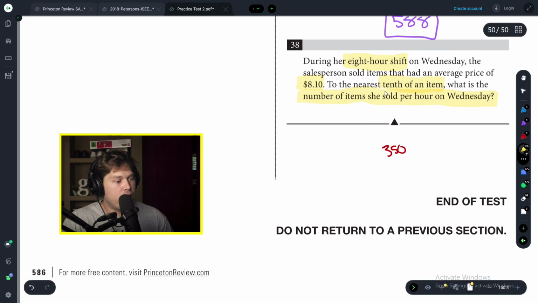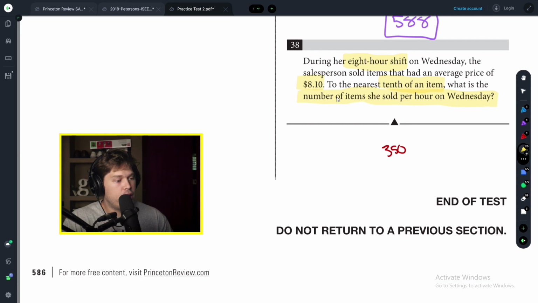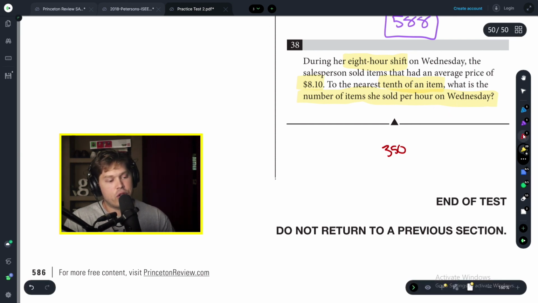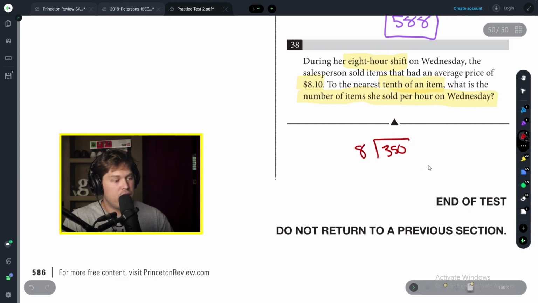However, what are we asked for? The number of items she sold per hour. So we need to take the $350 worth of merchandise she sold in that day and divide it by the number of hours she worked. So 350 divided by 8 is what?